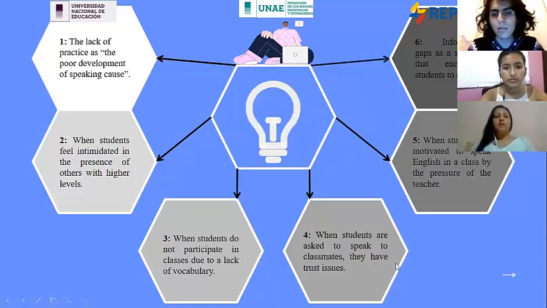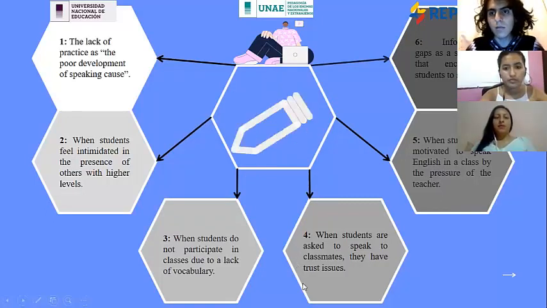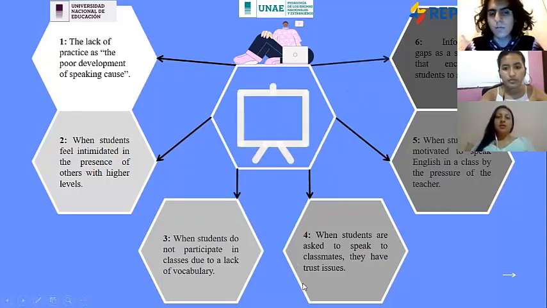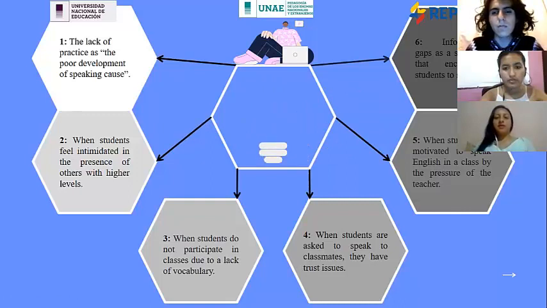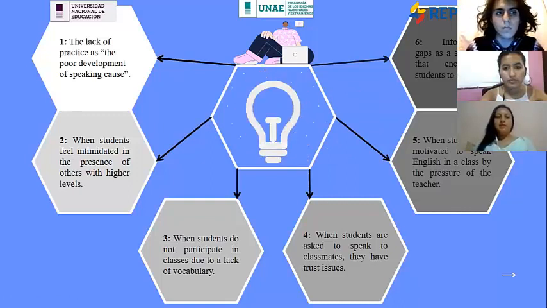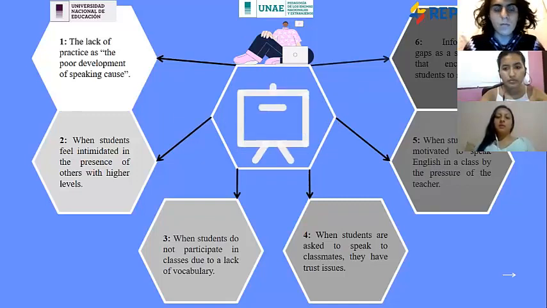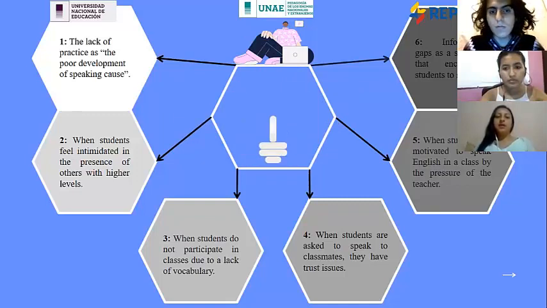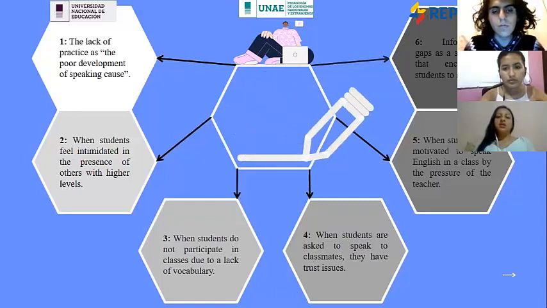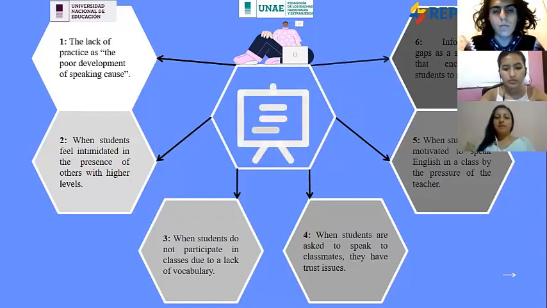The following findings are: number 4, when the students are asked to speak to classmates, they have trust issues. This means that the student doesn't have the confidence to speak with peers with whom he doesn't interact frequently and therefore doesn't feel safe to express himself freely.